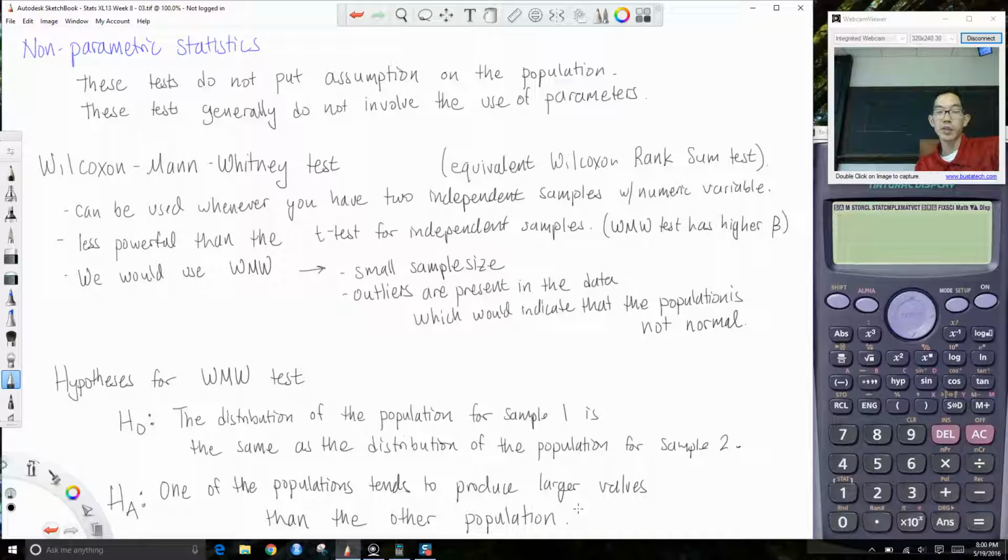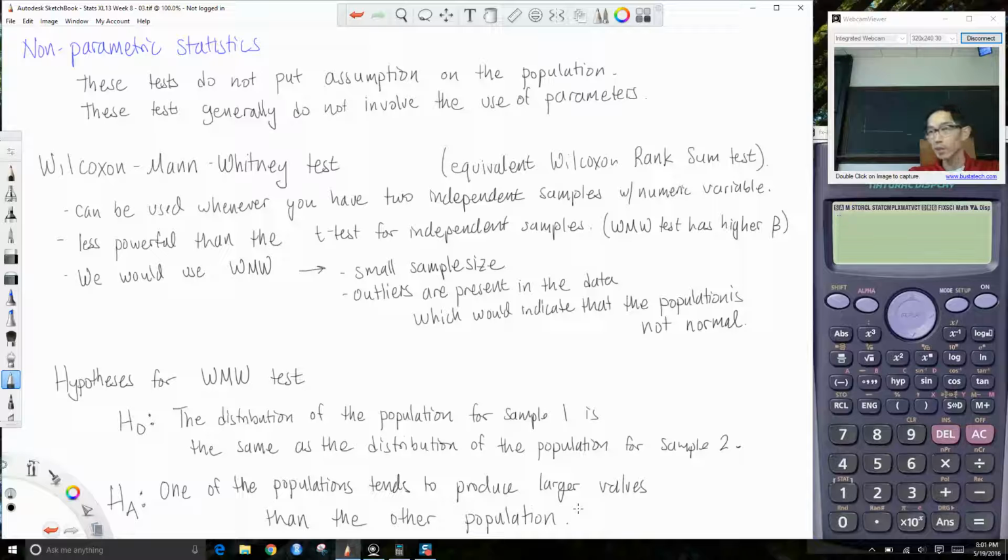If I just leave it like this, it would be a non-directional alternative. If I specify population A tends to produce larger values than population B, that would be a directional one. Or if I say population B tends to produce larger values than population A, that would also be directional. But if I just say one of the populations produces values different from or larger than the other one, then it's non-directional, because I'm not specifying which one is which. So, no symbols when you write out the hypotheses for the Wilcoxon Mann-Whitney test.